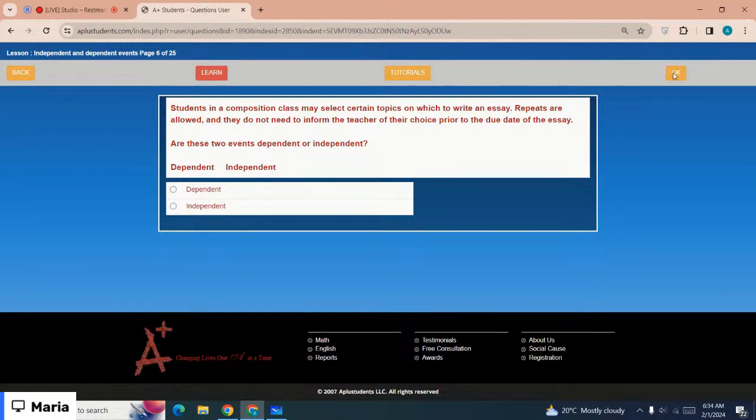The correct option is independent, because the repetitions are allowed, right? So they are the independent events.